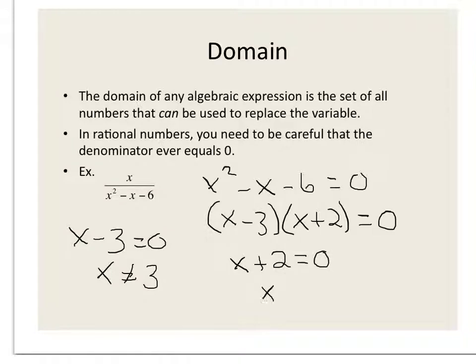Subtract the 2 from both sides, and we get x equals negative 2. So x can also not equal negative 2. The domain of this problem, therefore, is all real numbers except x cannot equal negative 2 or 3.